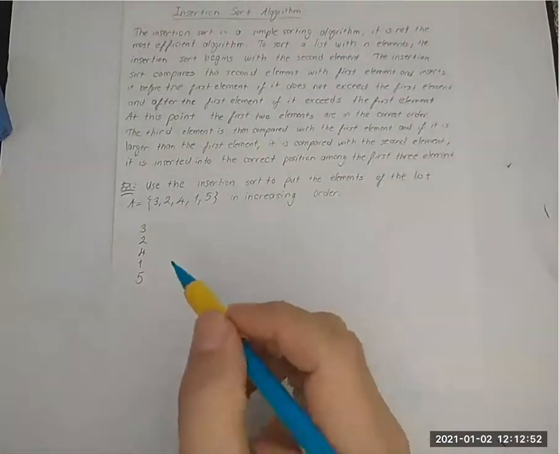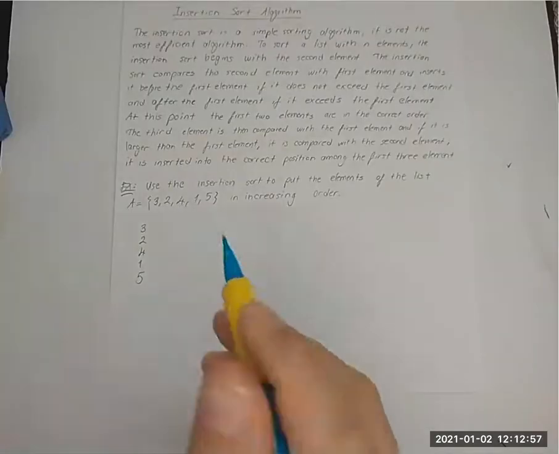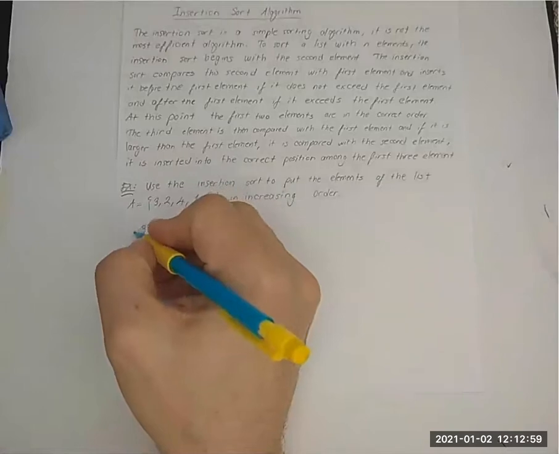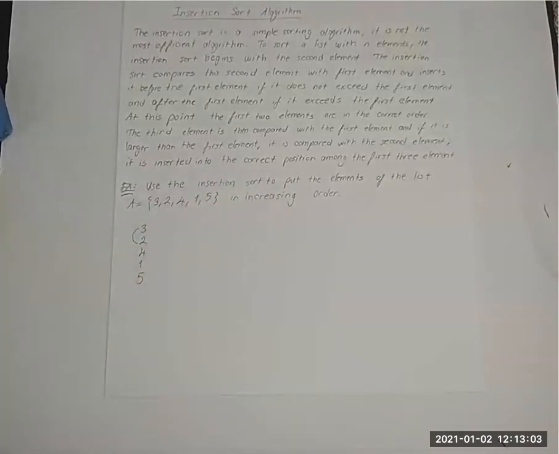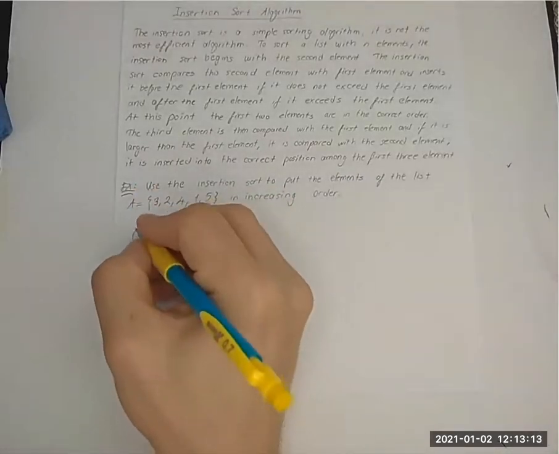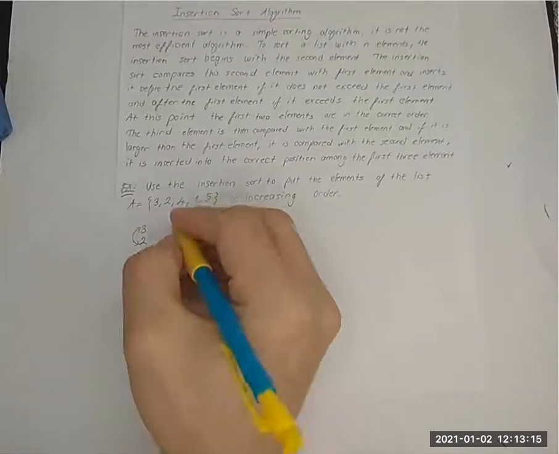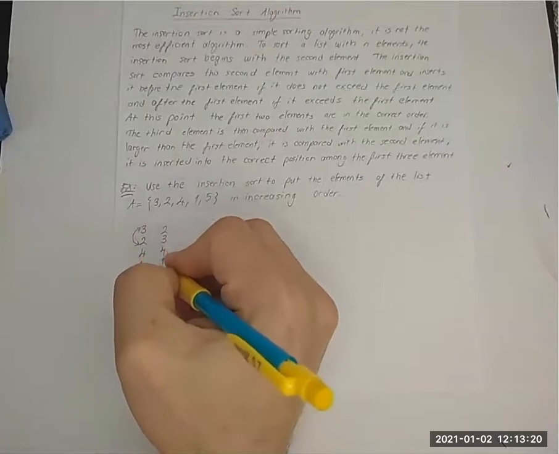And first, the insertion sorting algorithm is going to compare 2 and 3. Of course, 3 is greater than 2. Then it is going to change the place of that one. Then we have 2, 3, 4, 1, and 5.